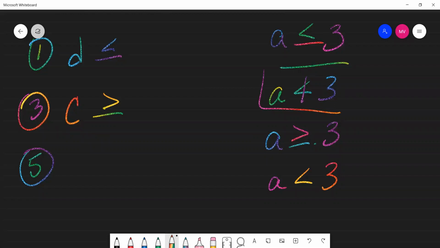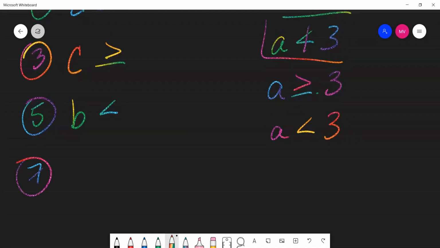If it can't be as much as 3, that means it can't be 3. Right. So it must only be less than. If it said A cannot be more than 3, then it can be 3. It just can't be 3.001. Right. Okay. So which symbol is that? That is B. Am I right? Okay. So that's B, less than.